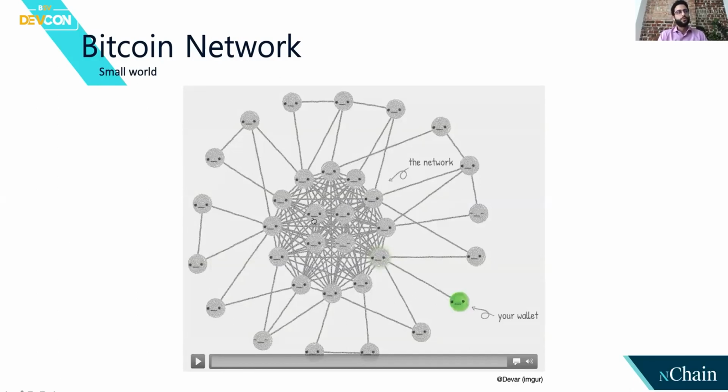And the miners or nodes are highly and densely connected. The reason is that miners are highly incentivized to connect to as many other miners as possible, because miners are always racing to find and propagate the new blocks, and every single second counts.